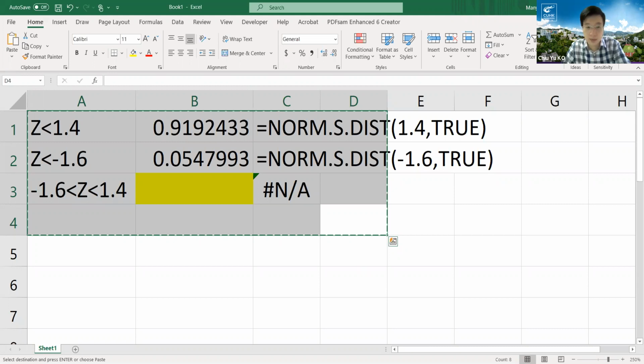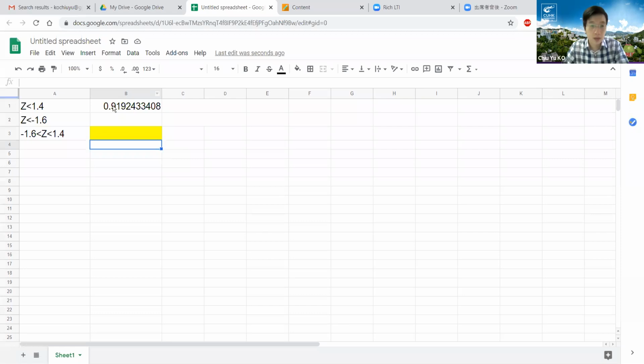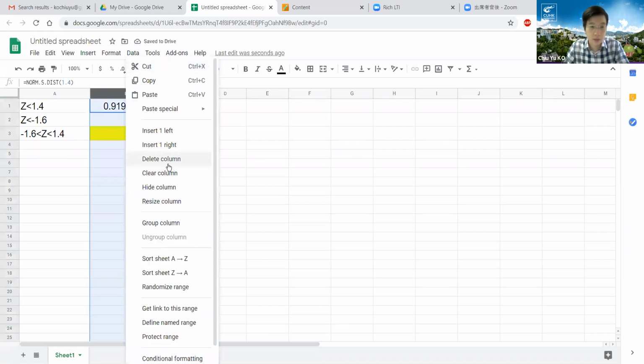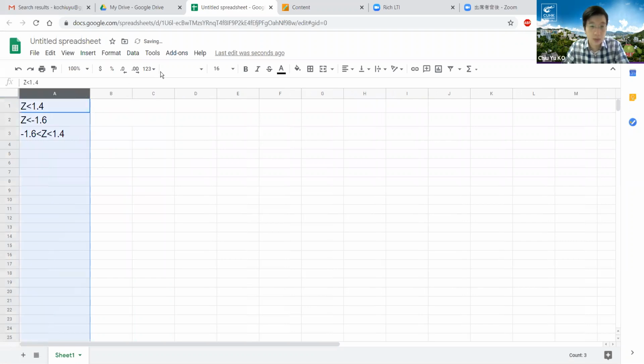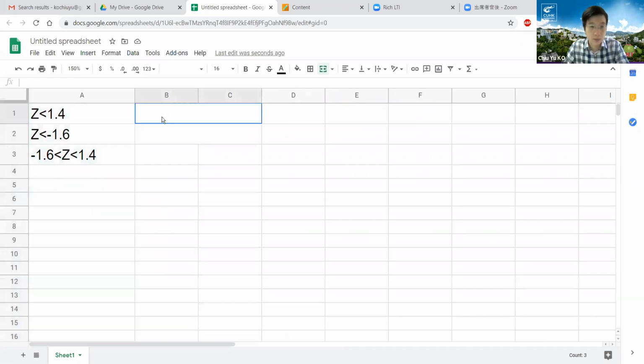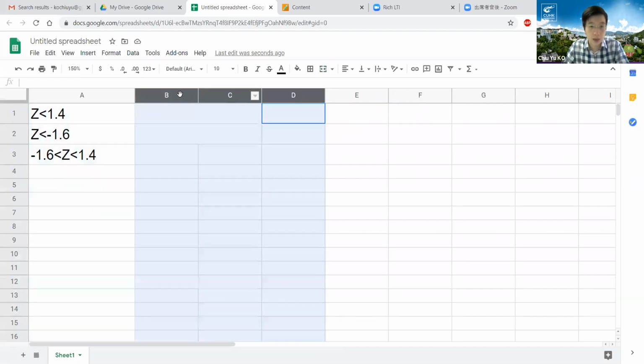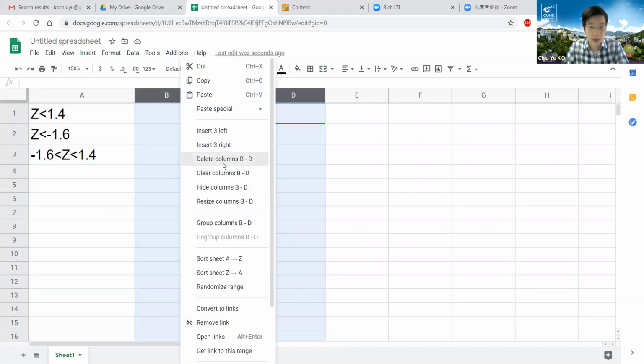For those who will ask me about Google, the answer is yes. Let me show you my Excel. Let me check how. Okay, so let me erase this column. I think I need to show you a bigger one. So this is the Excel spreadsheet.